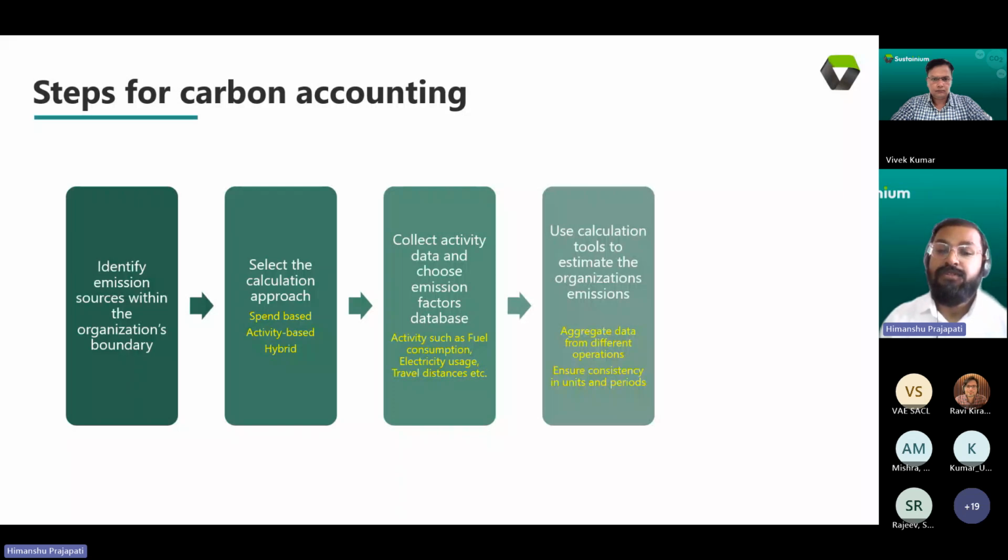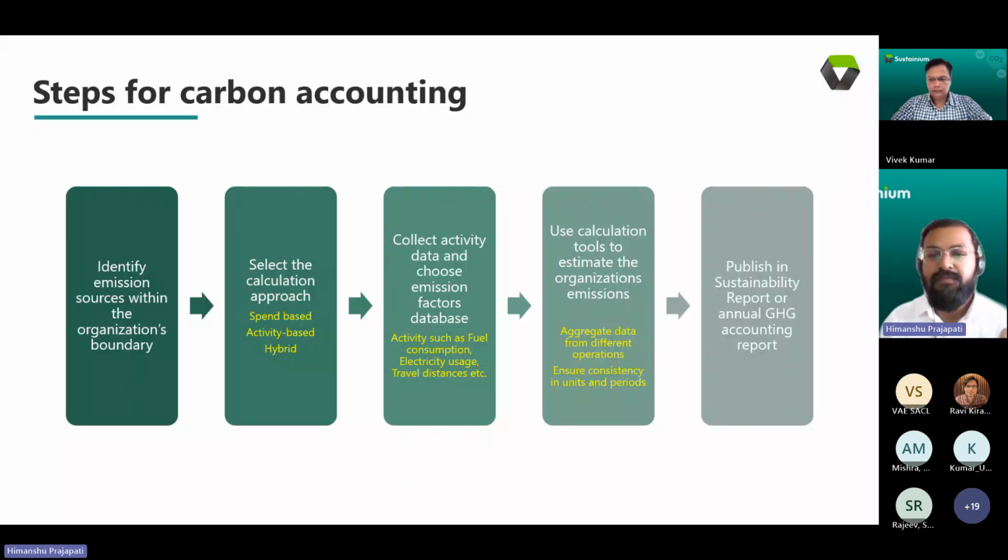Thereafter, what you do is you put all of this together, put it in a calculator, and then ultimately you calculate the emissions of your organization, right? So you aggregate the data from different operations, you ensure that there is consistency in the units being used, in the period of reporting. So all of these are very relevant with respect to carbon accounting.